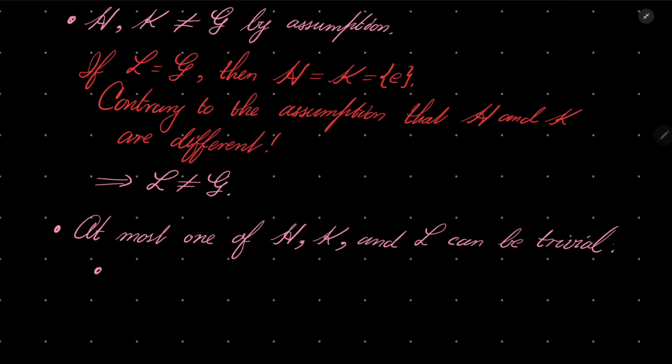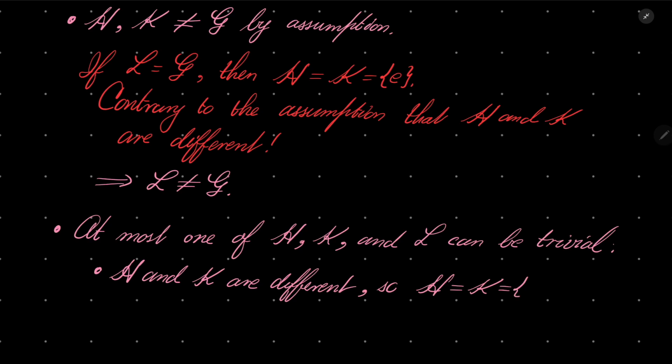Because H and K cannot be both trivial because they are different. So H cannot be equal K, cannot be equal E. It's impossible.